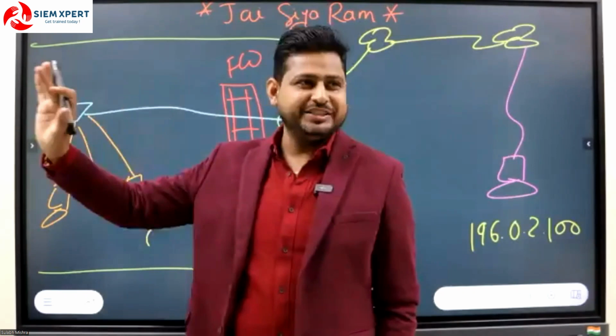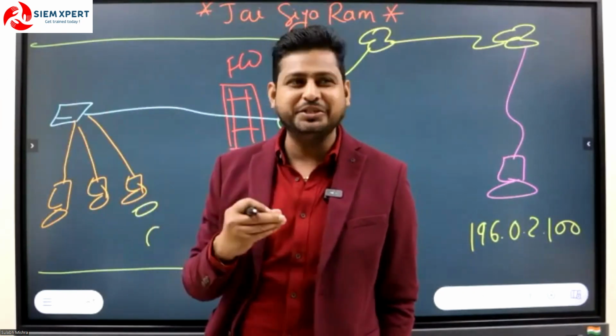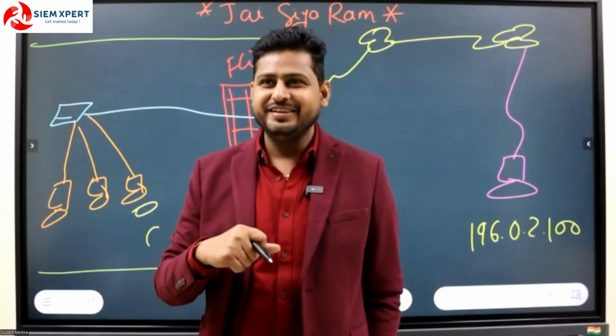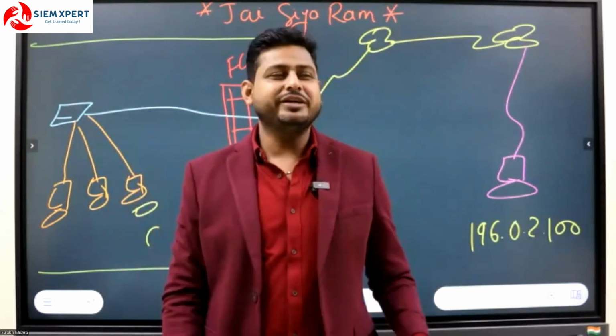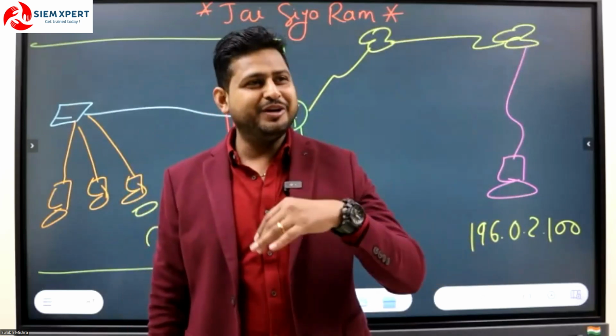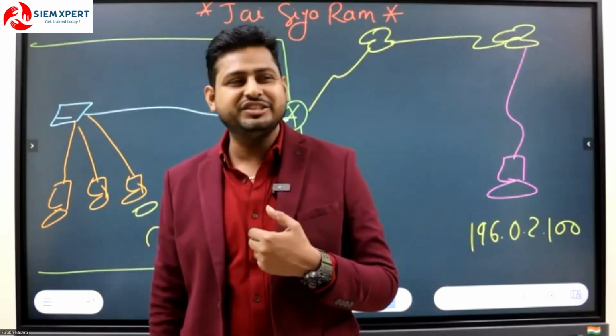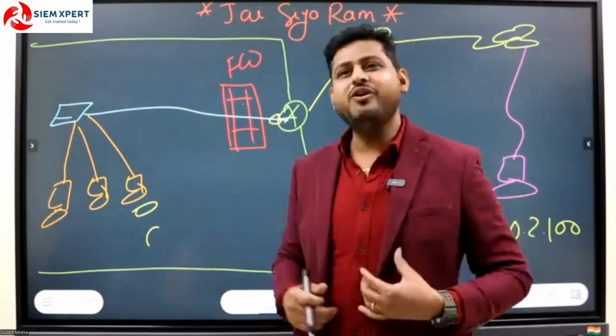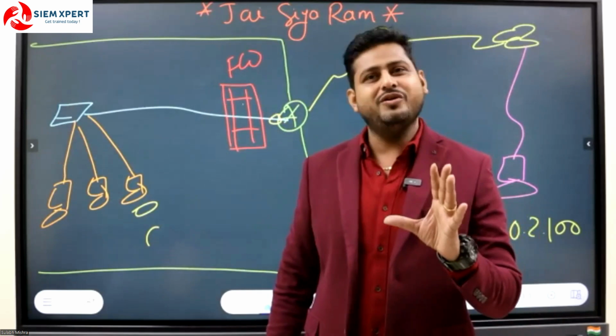What is the packet size, how much data has been sent, how much data has been received, whether the firewall has allowed or denied the connection, traffic related logs, those activities will also be recorded. Somebody has logged in to the firewall, login fail, login success, some configuration change, firewall interface down, port down, right? All this information will be recorded in the form of logs.